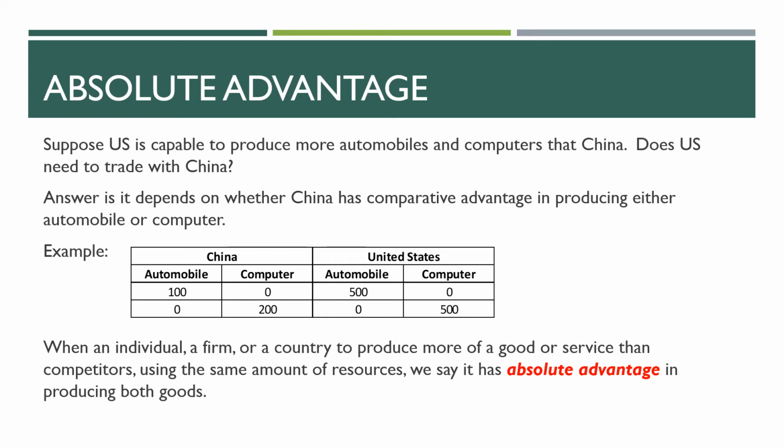So if we are going to discuss whether the United States should trade with China in this scenario, I would say yes, they should make the exchange. As long as China is willing to specialize in the production of computers, and the United States is willing to specialize in the production of automobiles, and they are willing to trade with each other, the two countries can achieve more than what they are capable of on their own.